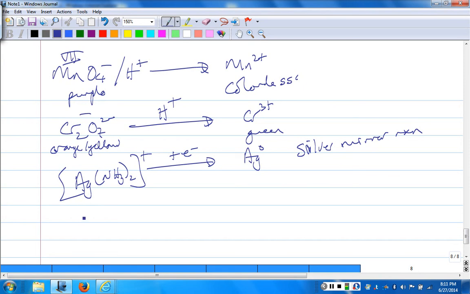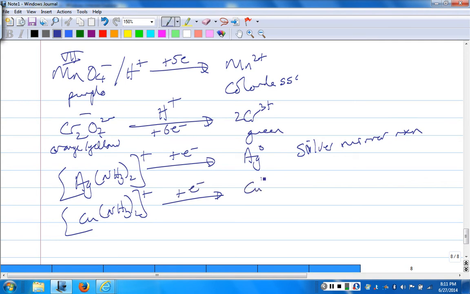If I use the diamino copper(I) species, you don't actually see a silver mirror. What you see is a sort of reddish-brown sludge. It looks like mud.